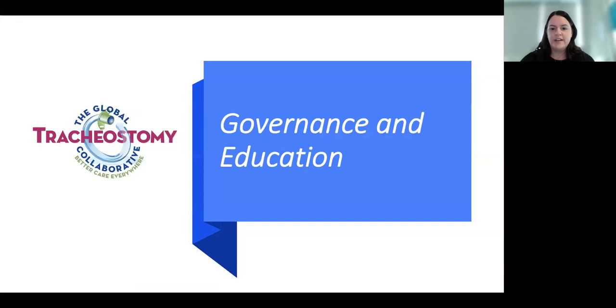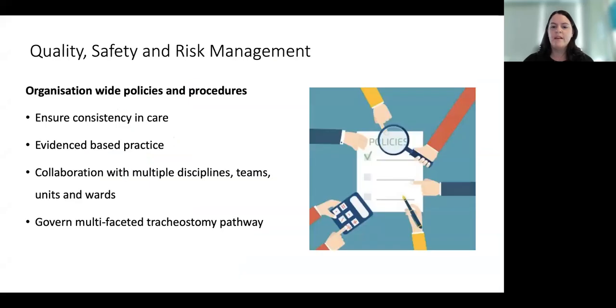So moving on to governance and education with a look at quality, safety, and risk management. Policies, procedures, and a very consistent mechanism of care are absolutely essential to ensuring quality and safety for this patient group. TRAMS work collaboratively with a number of disciplines, teams, units, and wards, all who are involved in tracheostomy care, and this is to maintain clear evidence-based policies and procedures.